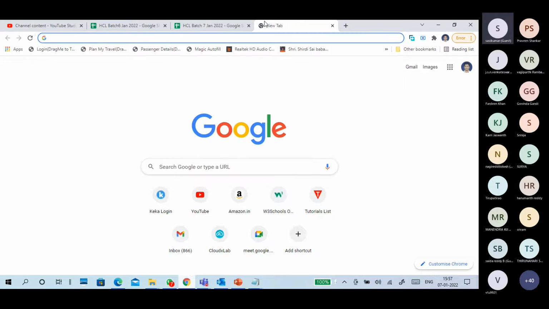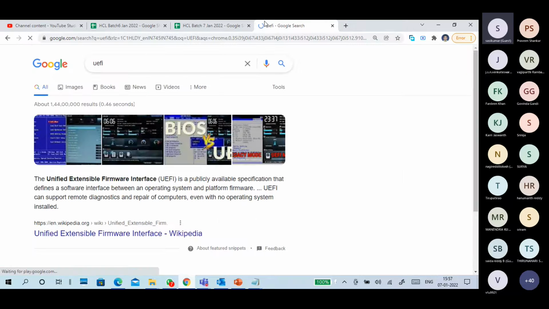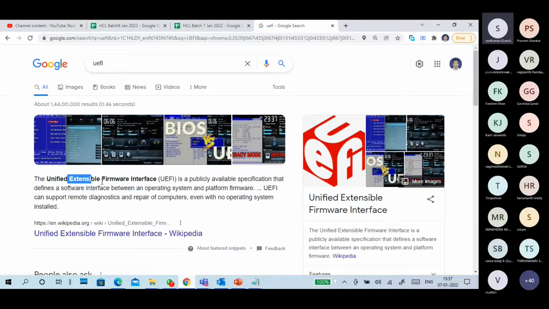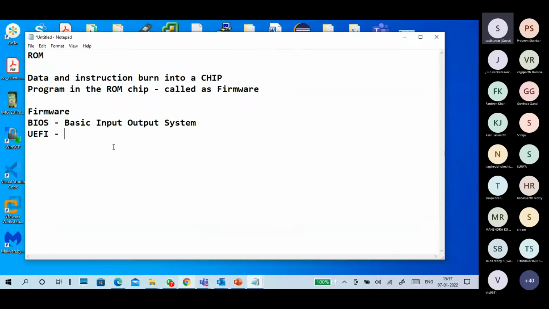In some places you will see EFI. EFI or UEFI, both are the same. Nowadays we mostly use 64-bit systems, and the new version of firmware we are getting is UEFI based.